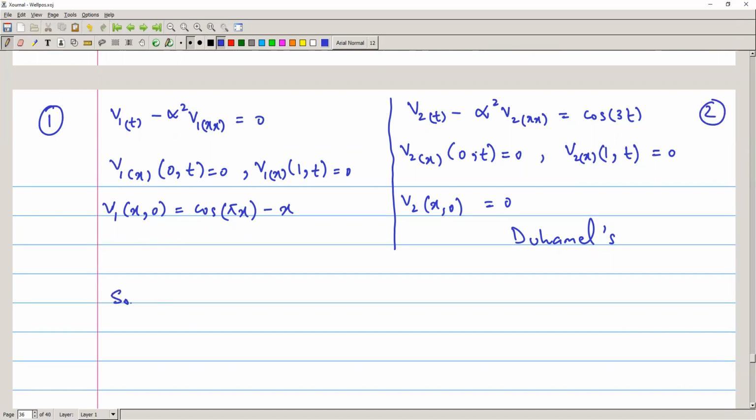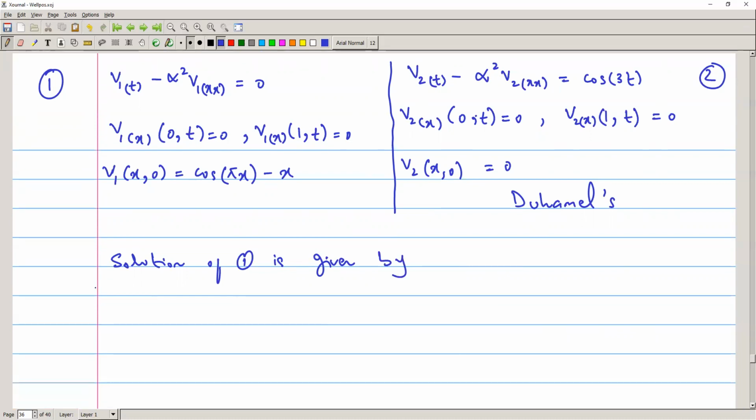So the solution of 1 is given, from the previous lessons, by v1(x, t) is equal to 1/2 a naught plus the summation n equals 1 to infinity of a_n cos(n pi x) times e to the power negative n squared pi squared alpha squared t.